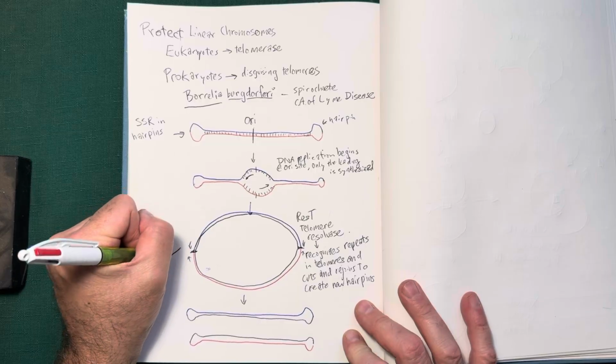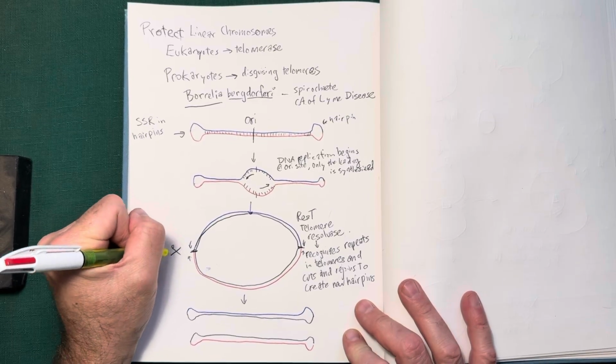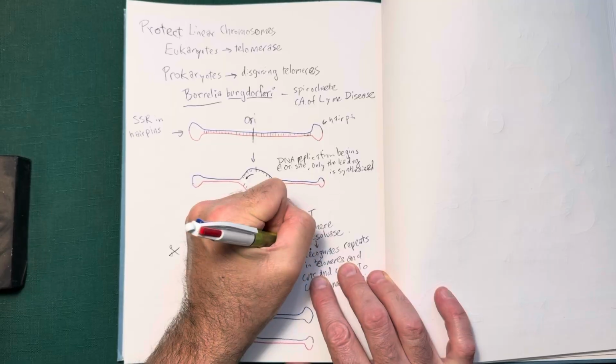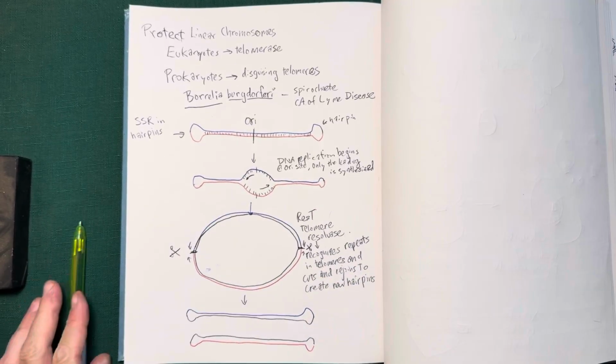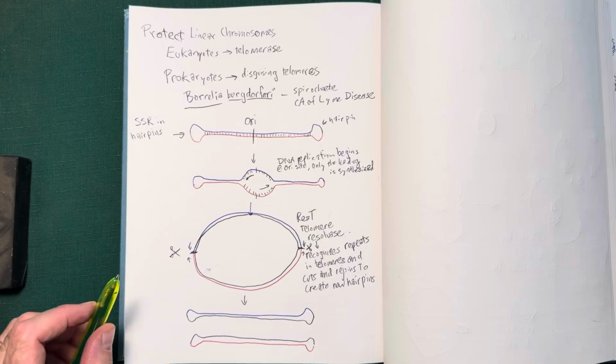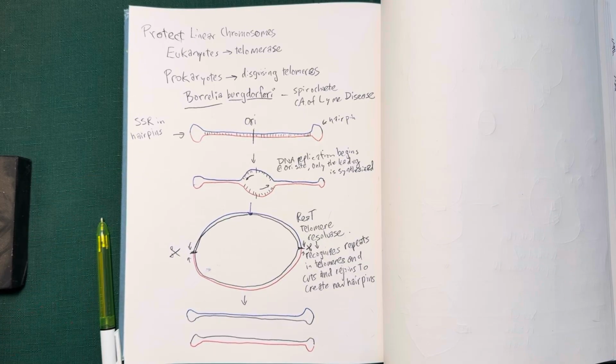Because REST comes in and basically snip, snip. Try a little teeny tiny scissor over here, snip, snip. Cuts and pastes it all back together, so we end up with completely replicated linear chromosomes. So I think this is really fascinating and interesting, just showing once again how diverse the toolbox is for prokaryotes and how they solve these kinds of issues.